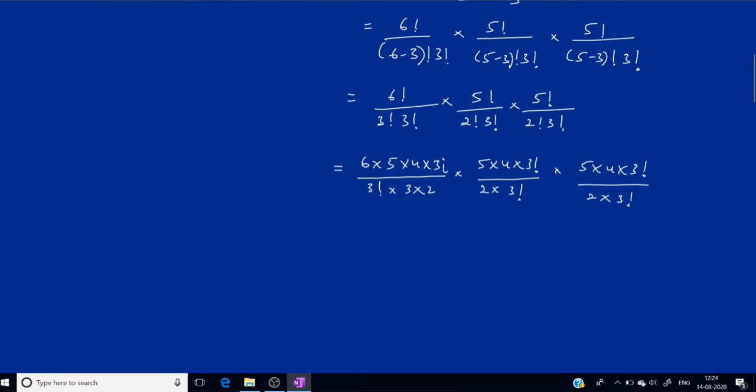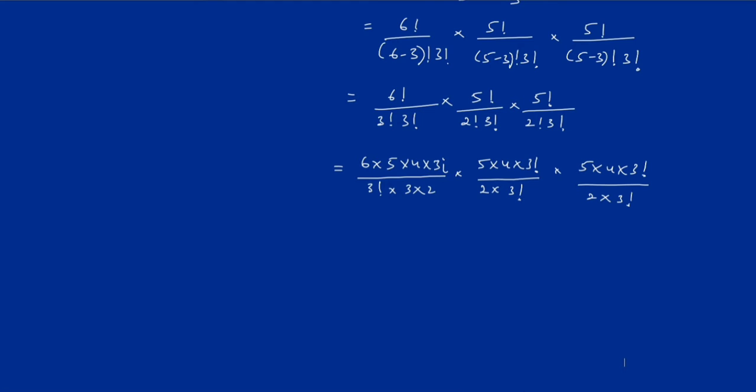So here, 3 factorial gets cancelled, 3 ones are 3, 3 twos are 2, 2 gets cancelled, 5 fours are 20.